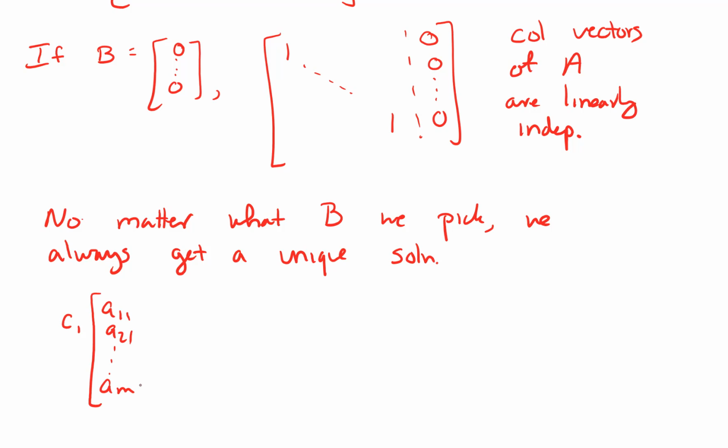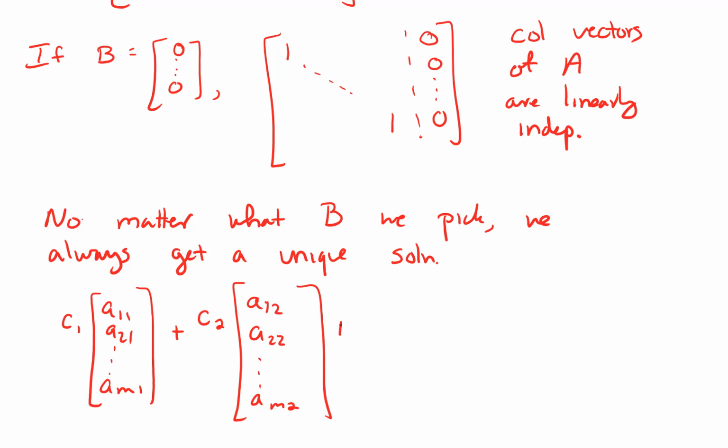There we go. If we look at the column vectors of matrix A, we can see that they span all of R^n. So let me write this down, and I'll try to stop talking and writing because that's a lot to write and a lot to say. So our last Cn here was a1n, a2n, all the way up to amn.